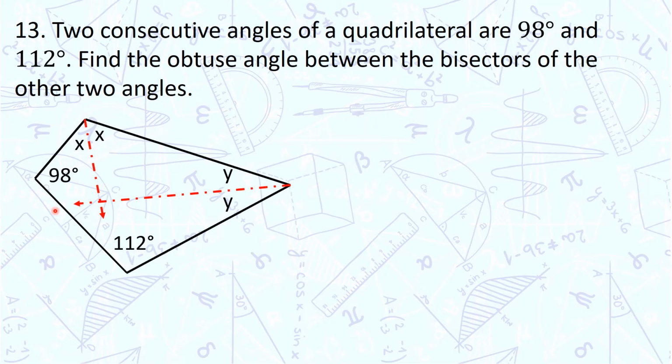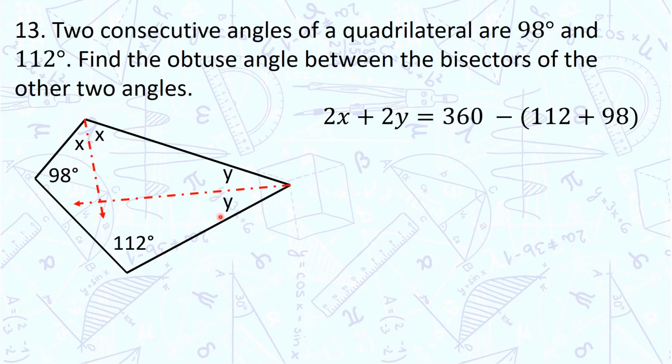So the obtuse angle between the two bisectors is what we're looking for. Let us have first the value for 2x plus 2y. 2x and 2y are the two remaining angles of the quadrilateral. This will be equivalent to 360 minus the quantity 112 plus 98.